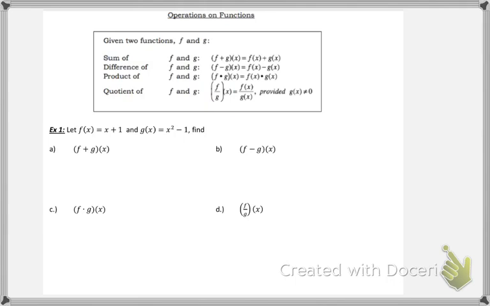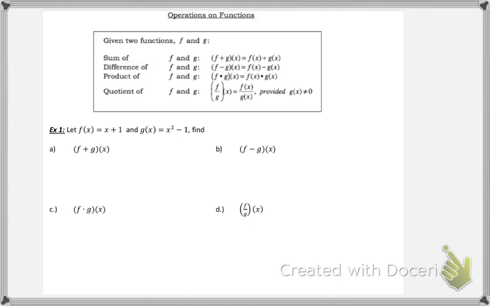So let's do some practice. In example 1, we're going to assume that f of x equals x plus 1 and g of x equals x squared minus 1. We want to find the new function that is the result of adding the f function and the g function. We call that f plus g of x.